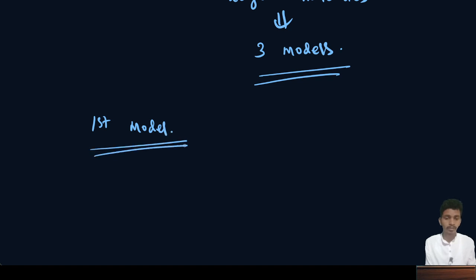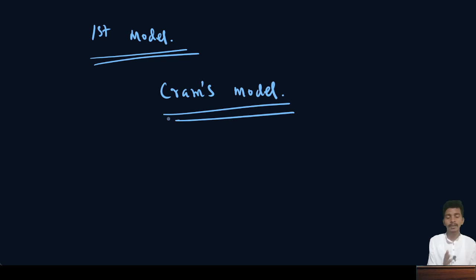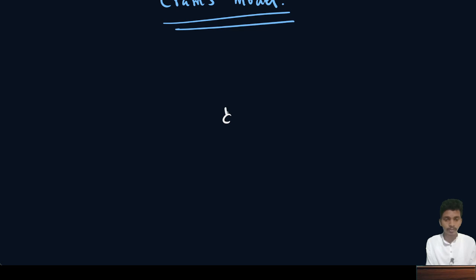Cram's model. So for this Cram's model, if this is a carbonyl group, and to these alpha carbons, here the stereochemistry is mentioned.